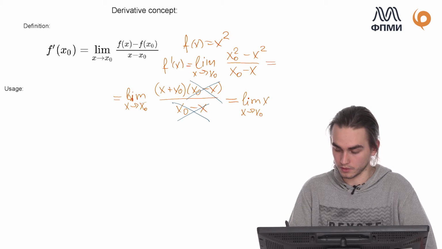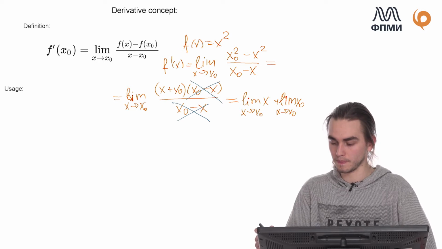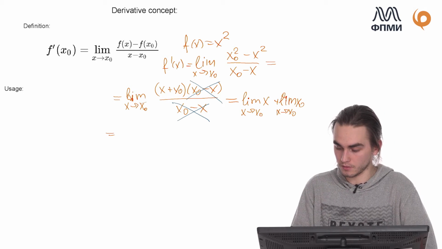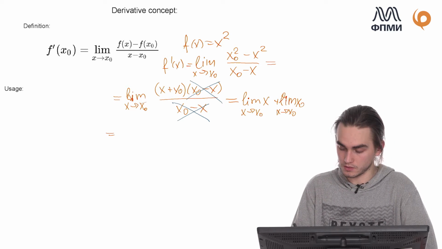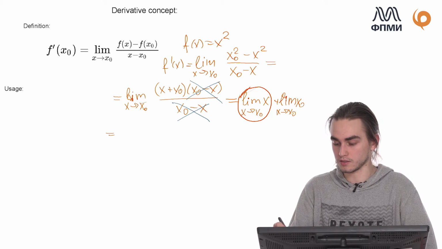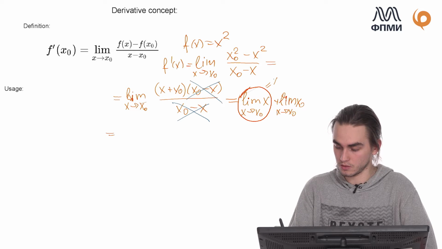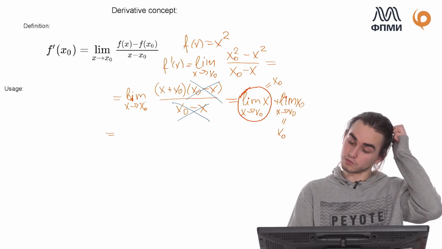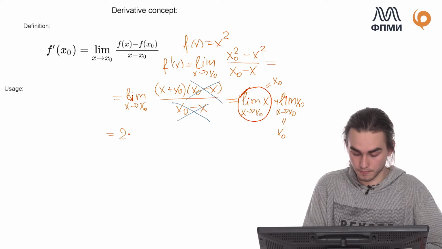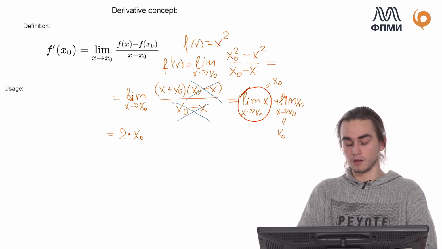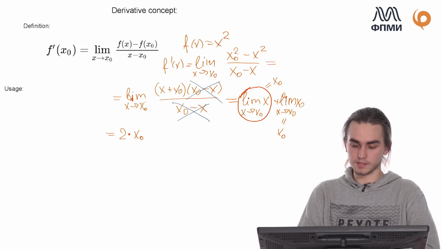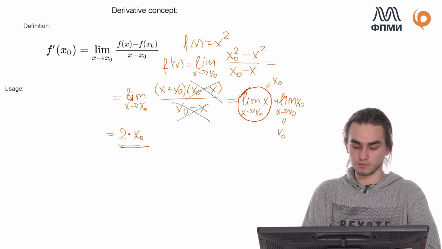So that will look like this. And here we go. This, as you can guess, will equal x sub 0, and as far as x sub 0 is a constant, this one will also equal x sub 0. So it's two product x sub 0. So this is another one.